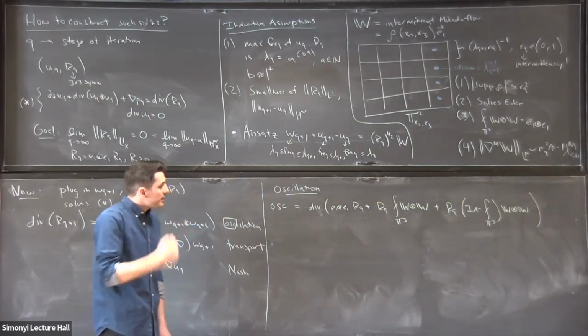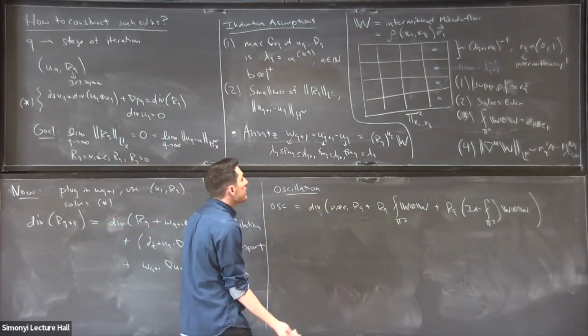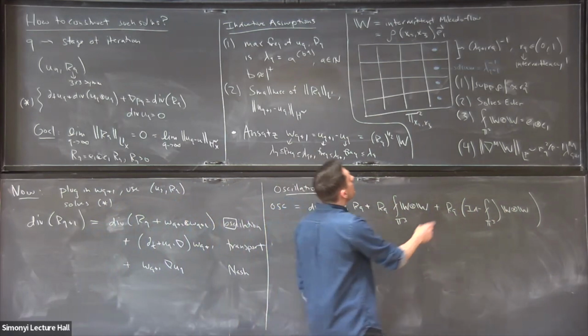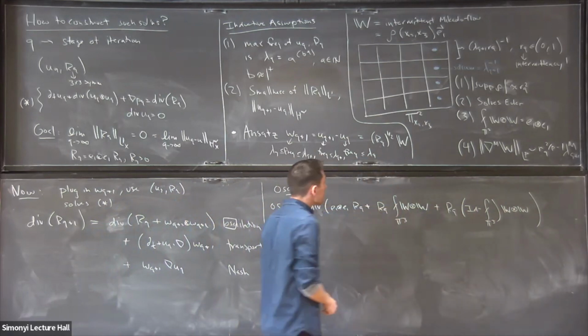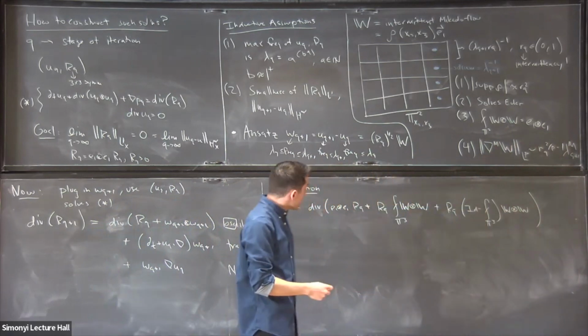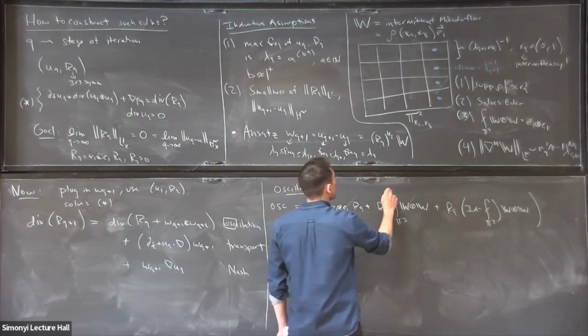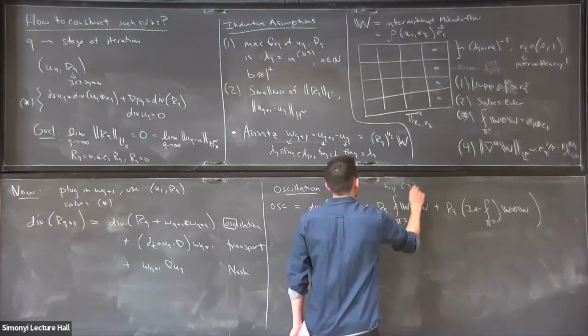And I've split this up in this way because I can exactly then cancel these first two terms using that the mean of this guy is E1 tensor E1. So these disappear, let's say by 3.